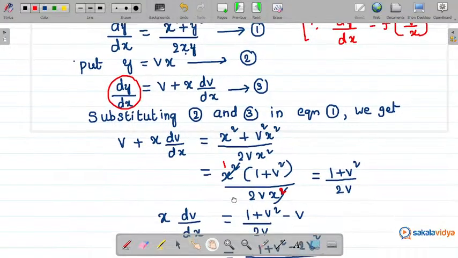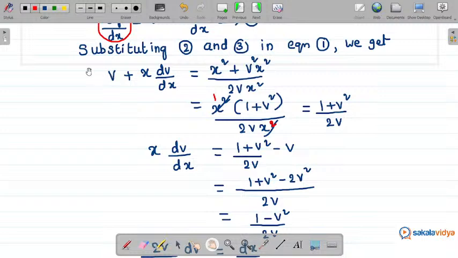So next step, transpose this v to the right hand side. So x dv by dx is equal to 1 plus v square by 2v minus v. LCM is 2v. So 1 plus v square, 2v into minus v minus 2v square. So minus 2v square plus v square is minus v square, but 1 is there, 1 minus v square by 2v.